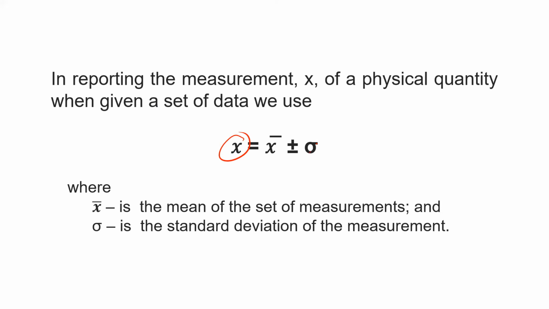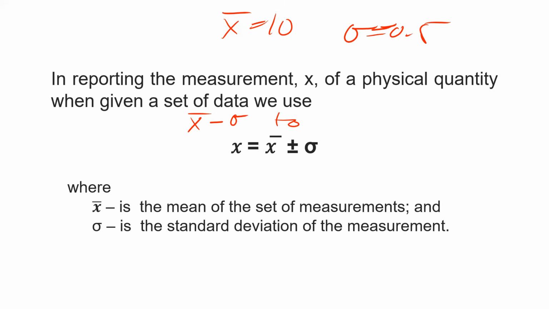So this expression indicates that the best estimate of the true value is found between the mean plus or minus the standard deviation. So for example, ang mean natin is equal to 10, tapos ang standard deviation natin is equal to 0.5. So ang ibig sabihin nito, that the true value lies between mean minus standard deviation to mean plus standard deviation.